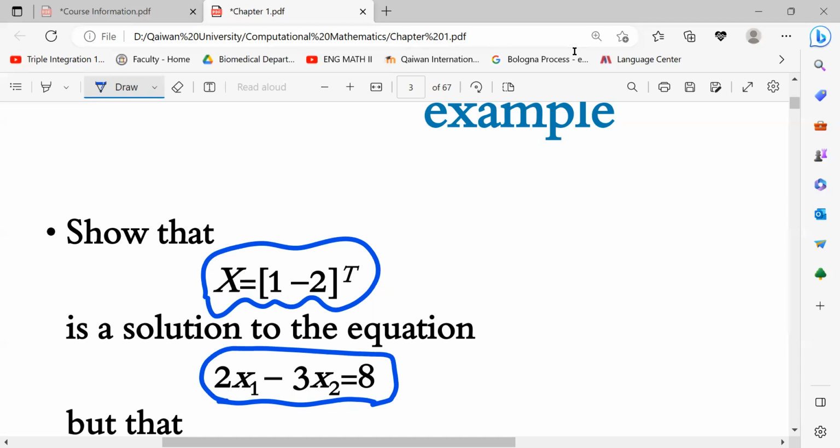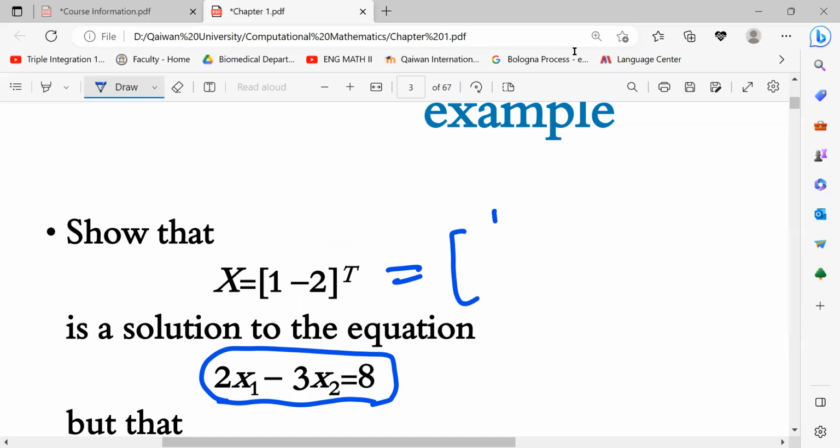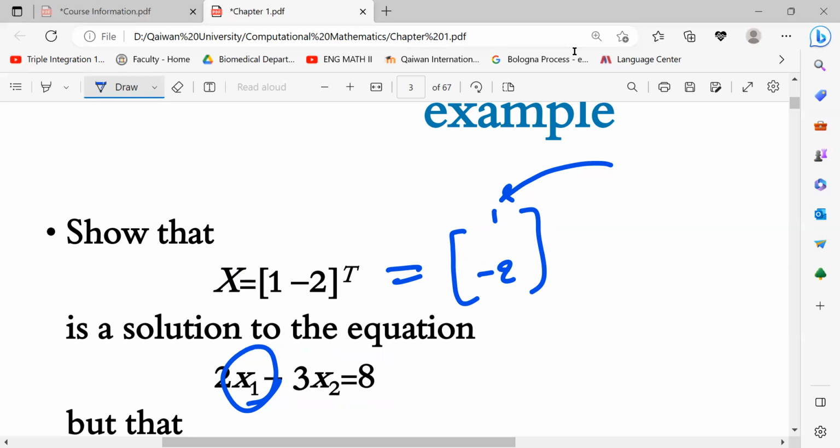Here, the first element is the value for x1, and the second element is the value for x2. Here, we have x is 1 and -2 transpose. The above one is the value of x1, the first variable in the equation, and the second value is the value of the second variable. That means this is x1 and this is x2.